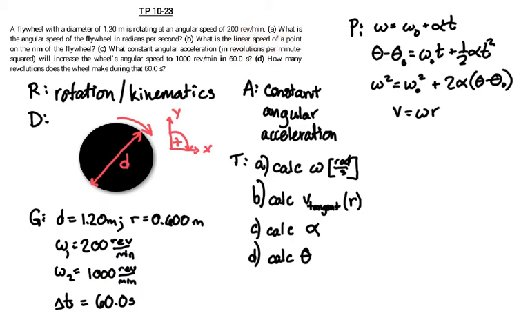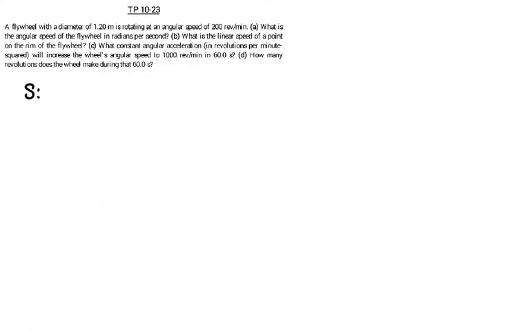So that is going to be dependent on not just the angular speed of how fast it's rotating, but where on the disk we're looking at that tangential speed. So that's where the radius variable comes from. All right, so let's get to work. All right, so for part A, what is the angular speed of the flywheel in radians per second? So we're given 200 revolutions per minute.